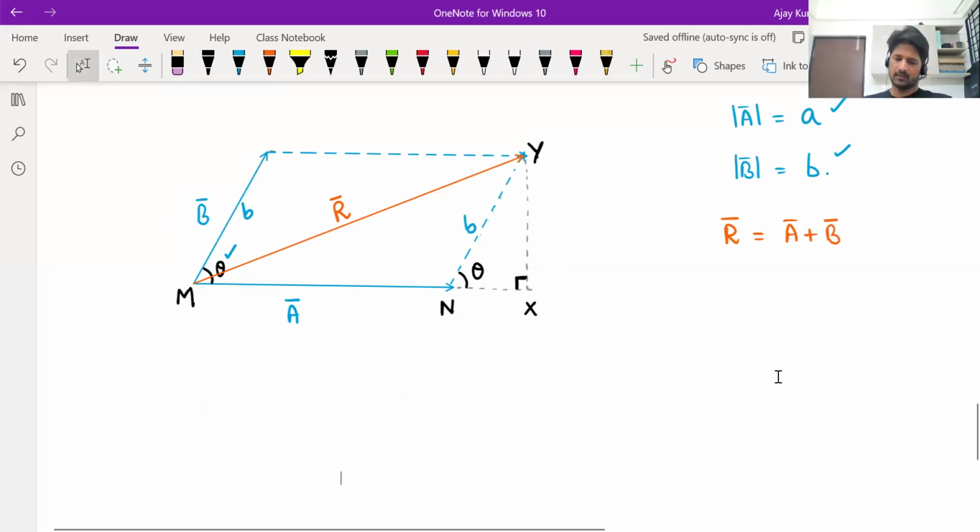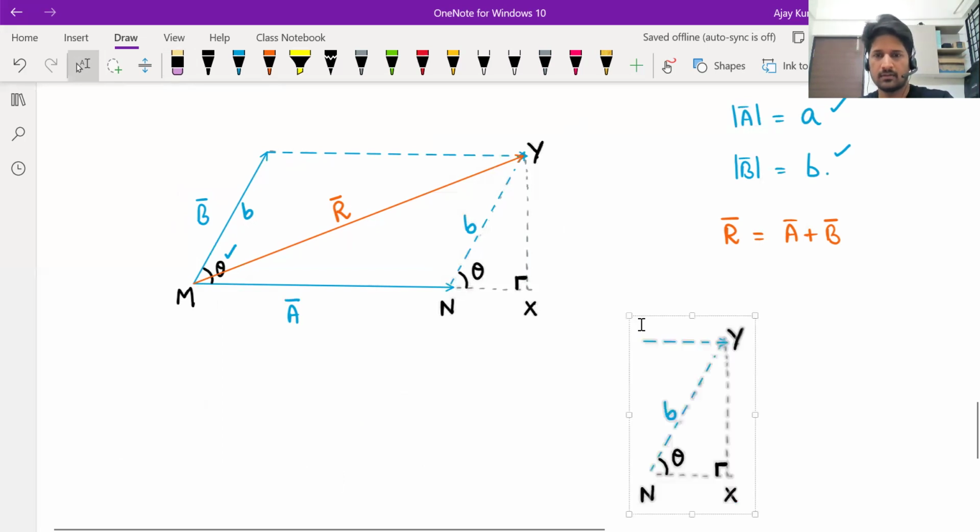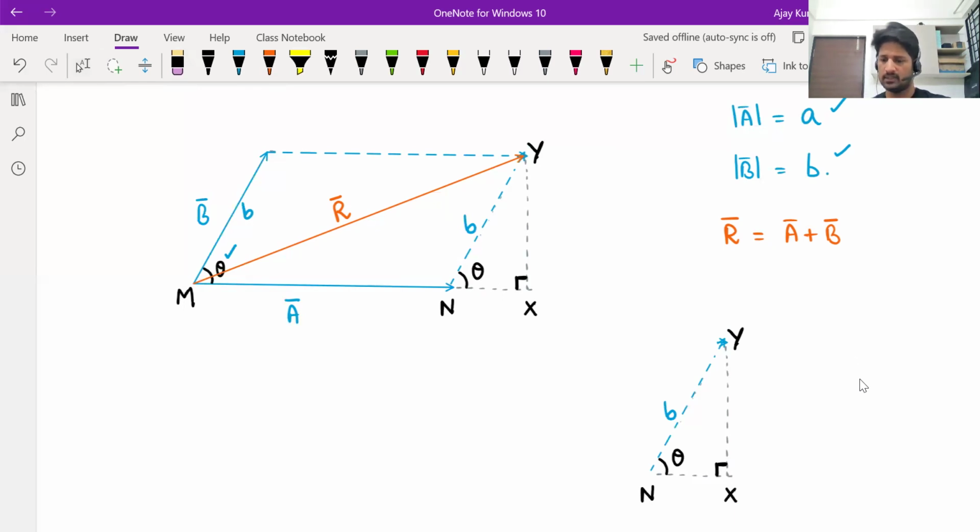Anyway, now observe this triangle, NXY. I'll draw it separately. It's a right angle triangle. We can see that clearly. In that right angle triangle, B is the hypotenuse. For the angle theta, NX is the adjacent side.